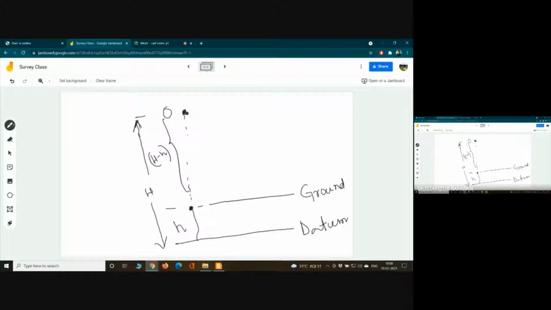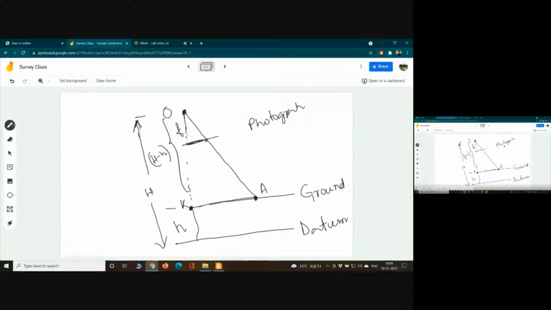Now if we are taking a photograph somewhere, let's say this is capital K, this is capital A. So this length, if this is your focal length, the photograph will be generated somewhere here.